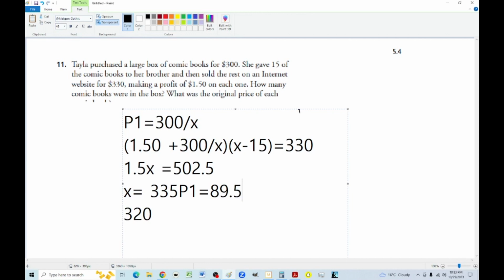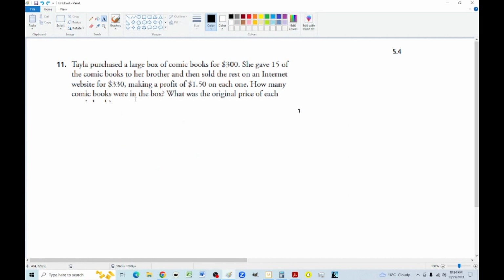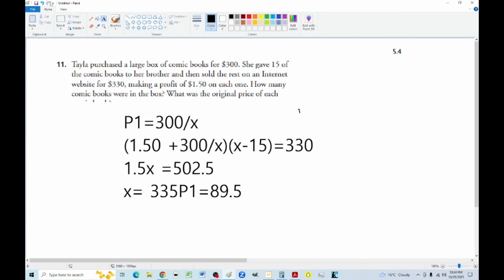And then according to this, did I get that? See if I maybe wrote too much. Yeah, 335 times price 1. And, oh, I forgot what my x is.